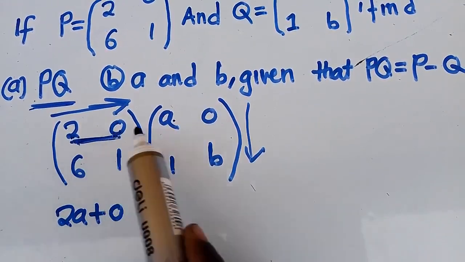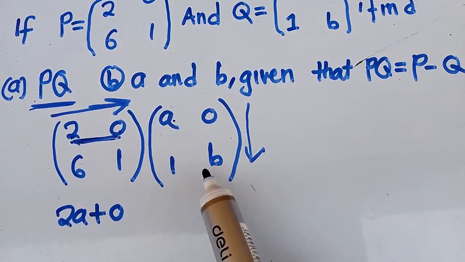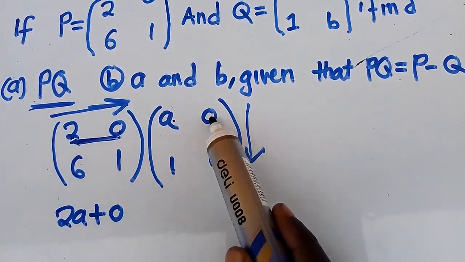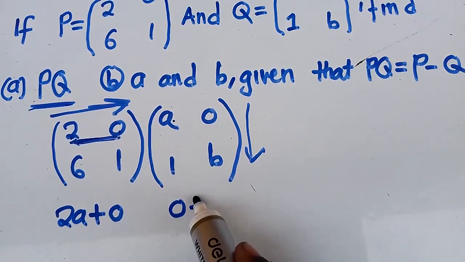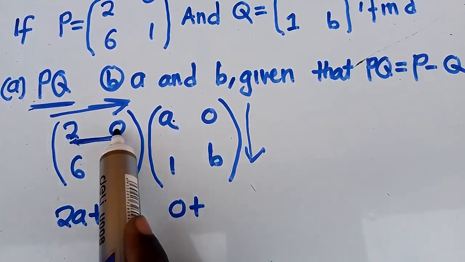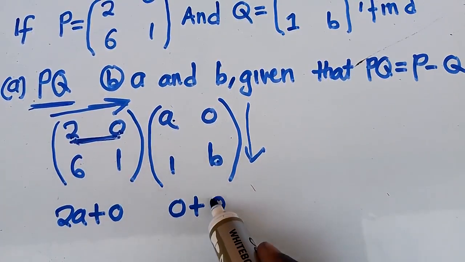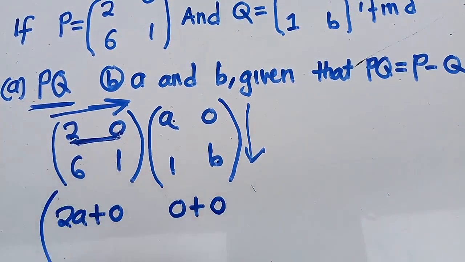The same row, then I multiply it with this column that is this other side. So I'm going to say 2 times 0. It is a 0. Then I say plus 0 times B. It is 0. Anything multiplied by 0 is 0.